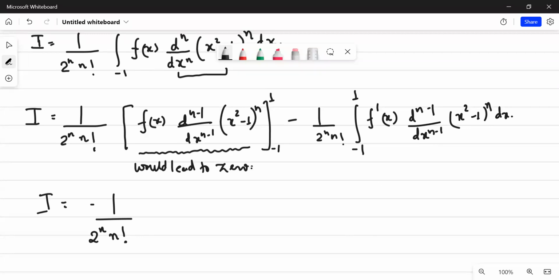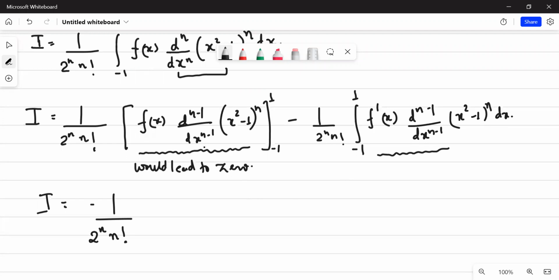And now if you try to integrate it, what remains to be seen is, if you again integrate this by integration by parts, again this first bracket would come, that would be d n minus 2 upon dx n minus 2 of x square minus 1 ki power n. Is that clear?